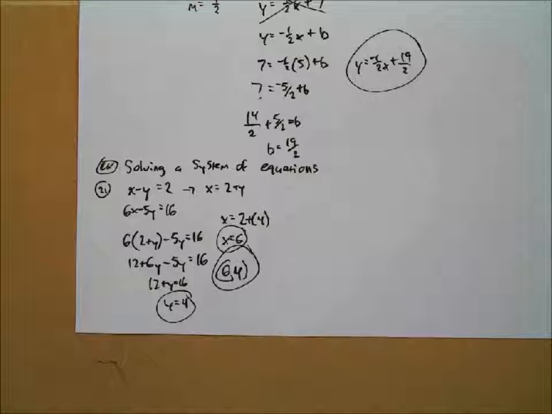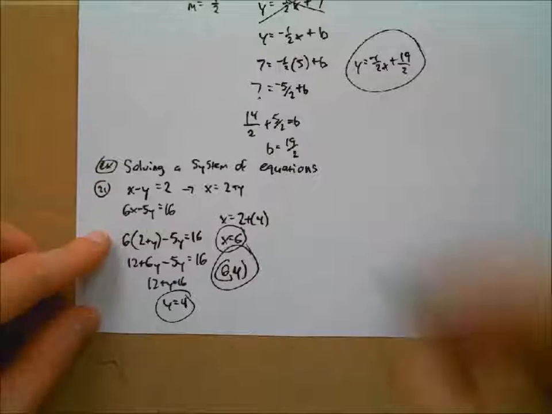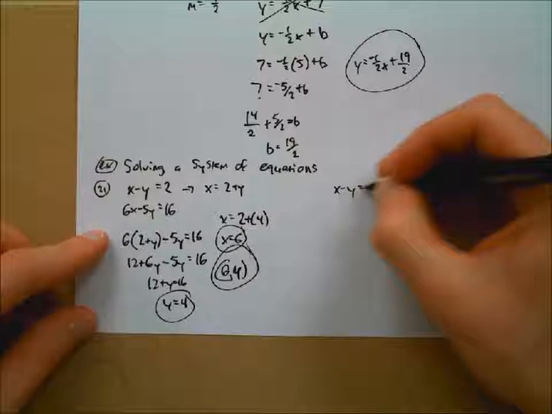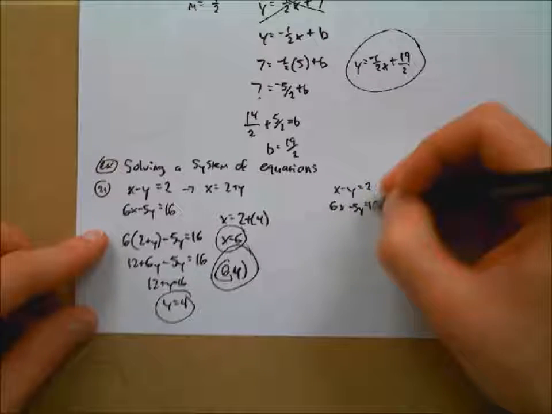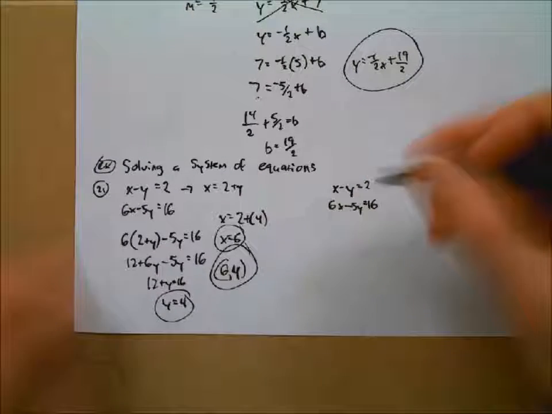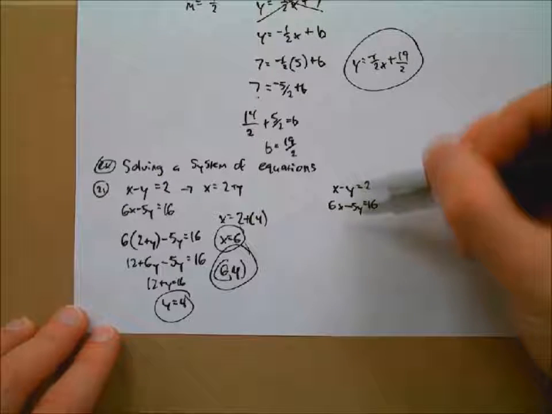I'll show one other method here because this one is nicely set up for it. I'm just going to do this one real quick. There's also elimination, where I can get the coefficients to match up, but I want them to be opposite.